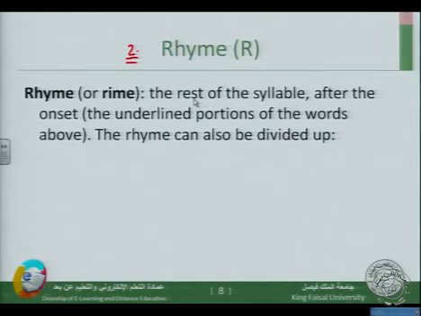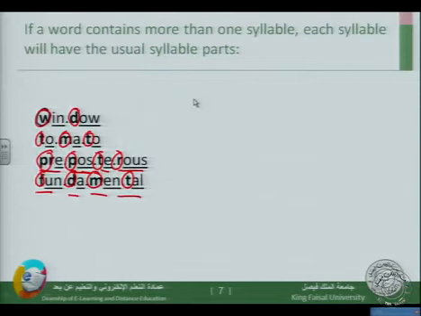After the onset, the beginning sounds of the syllable, comes the rhyme. So it comes after the onset. If we go back to the examples before, and I ask you to identify the onset and the rhyme.